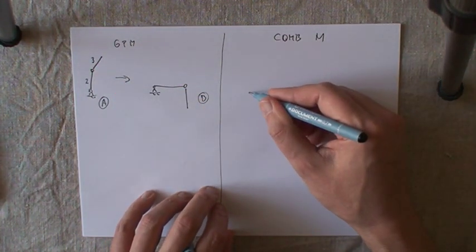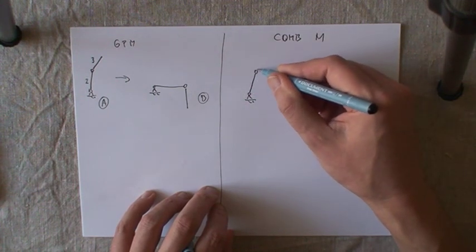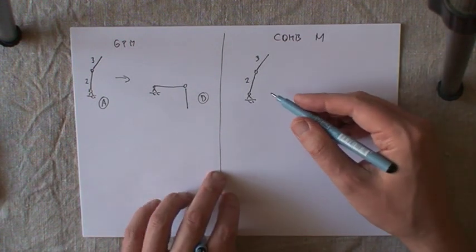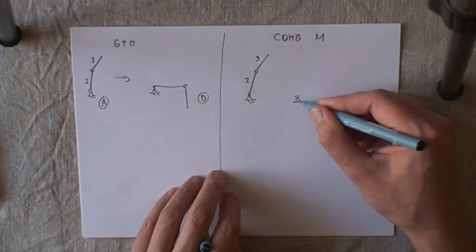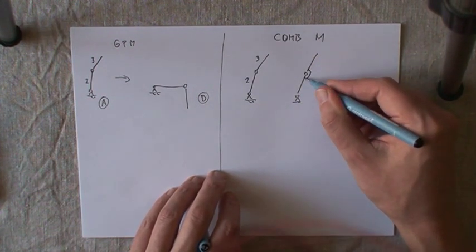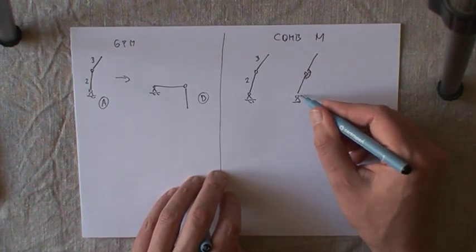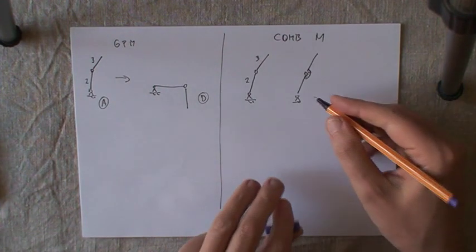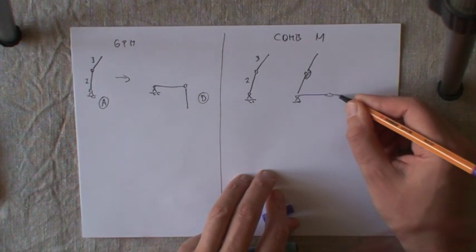So what we will have is, let's draw again the initial position, 2, 3, and the carrying motion means that we will disable this, and we will move, I will use a different color, so this will be our carrying motion.